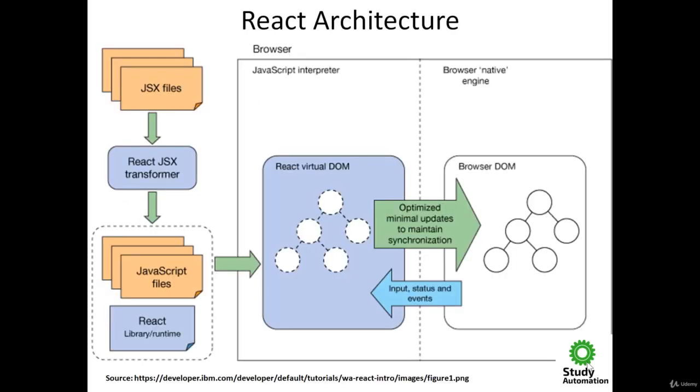So here we can see the architecture. We can write code in a JSX file or JS file. That JSX file will transform into a JavaScript file, and then the JavaScript file will be embedded into the browser, and in the browser we have the JavaScript interpreter and then the browser native engine. Here we have the React virtual DOM, and this is the browser DOM.